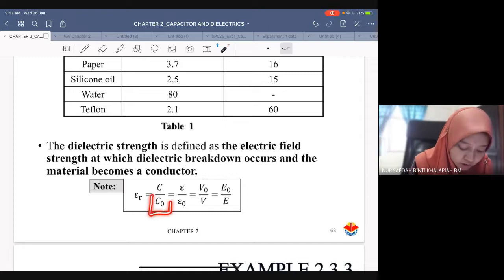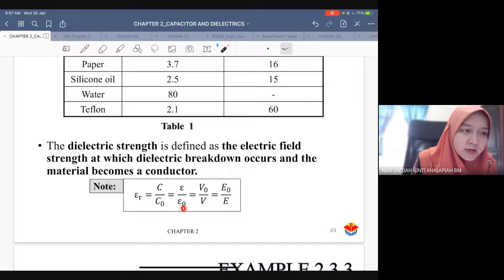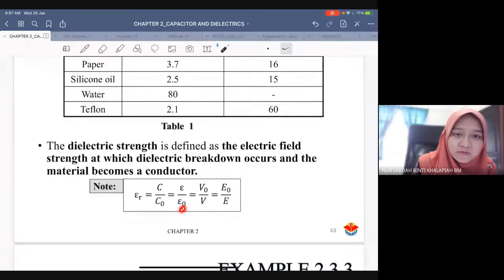So C not adalah kapasitor yang tak ada dielectric, yang kosong. So not ni Madam kata menunjukkan dia air ataupun vacuum. Yang tak ada subscript ni adalah dia dah masukkan dielectric. So C sahaja. Faham? So yang not ni permittivity of the free space. Yang E sahaja permittivity of dielectric.